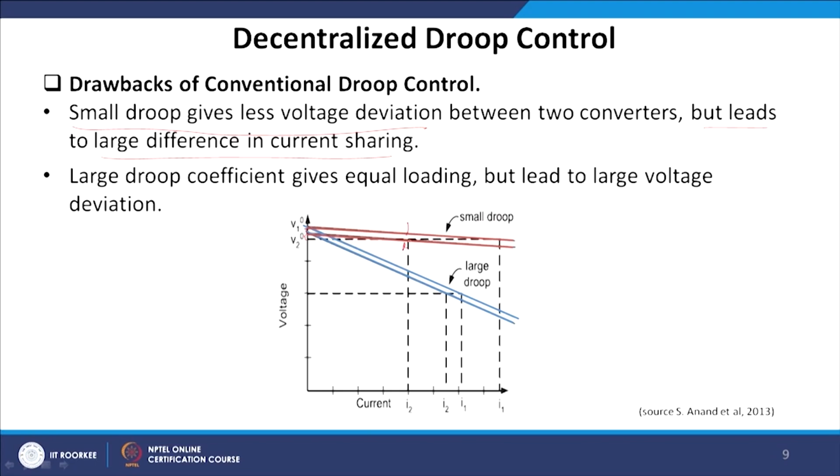Depending upon the characteristic, you can see there is a huge current variation here, and less current variation there. So, small droop leads to large current deviation; large droop gives small current variation for a given voltage of operation. Large droop coefficients give equal loading, but lead to large voltage deviation too.